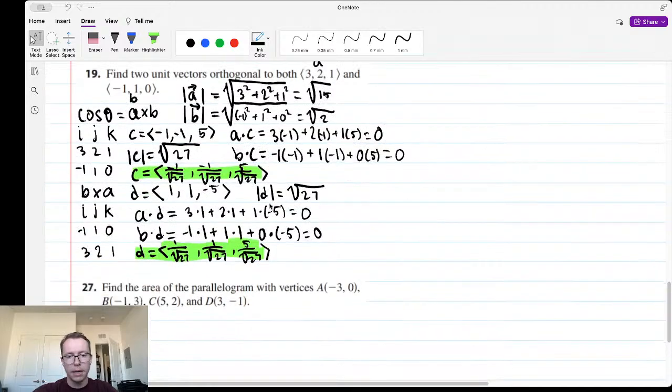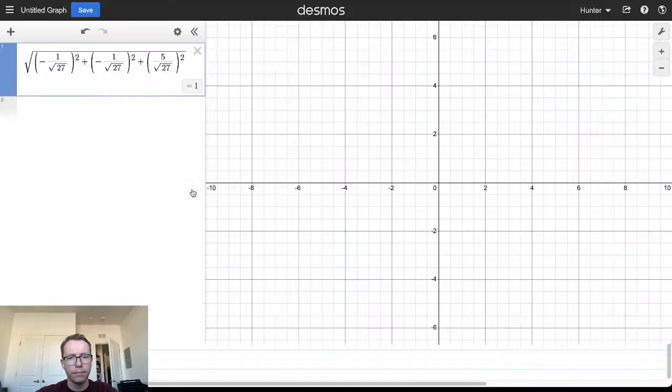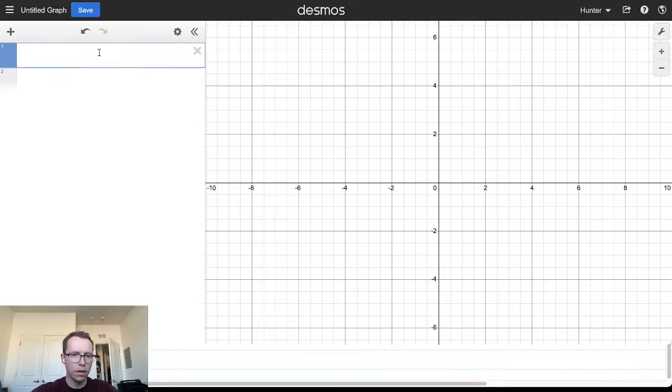Whew, quick break. Okay, find the area of the parallelogram with vertices A, B, C, and D. I think we should go here and graph those. So we have A at -3, 0.